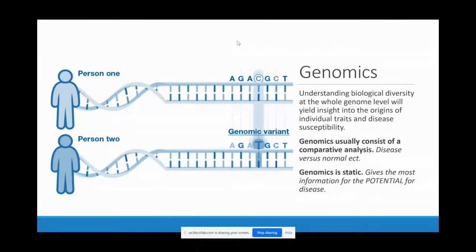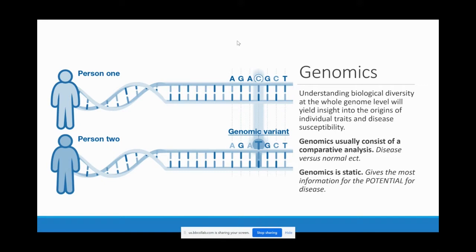Now, genomics is static. This is the one thing about it. You're just getting that person's DNA. For example, the person might not have a disease, but they might have the potential to get a disease. All you have is their set of DNA. You don't know what's going on phenotypically, what's being expressed in their body.